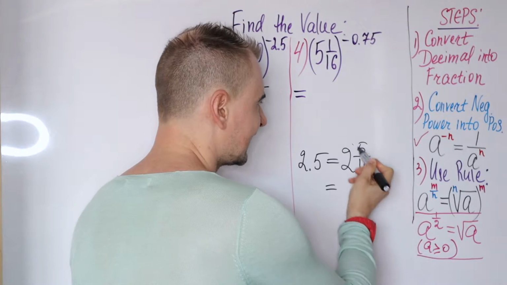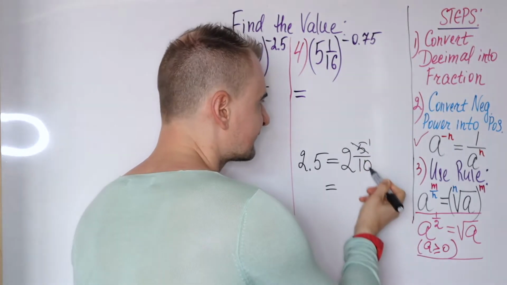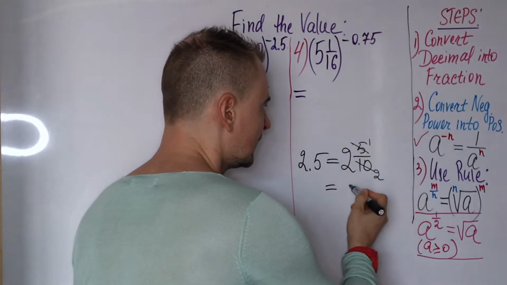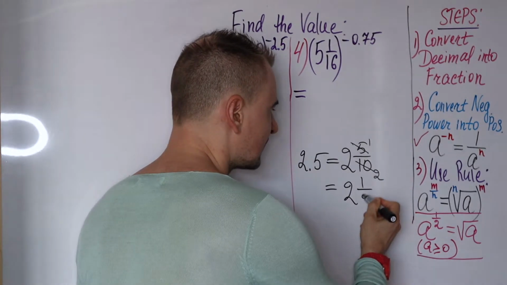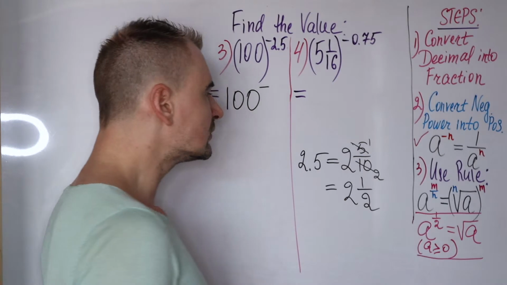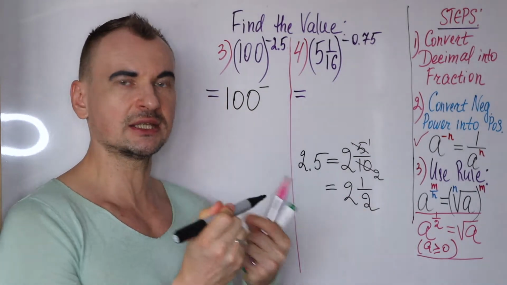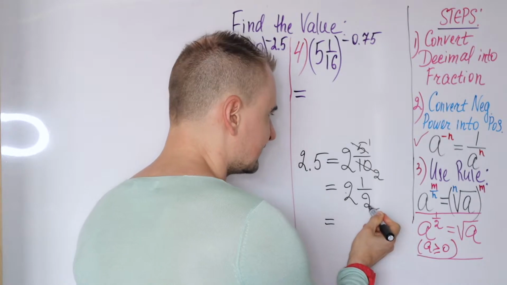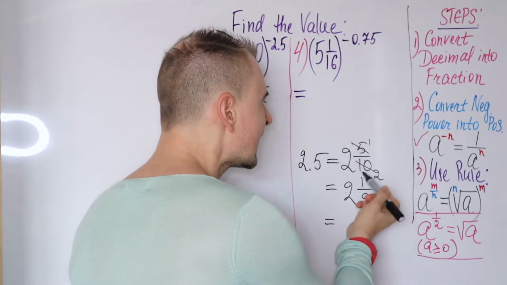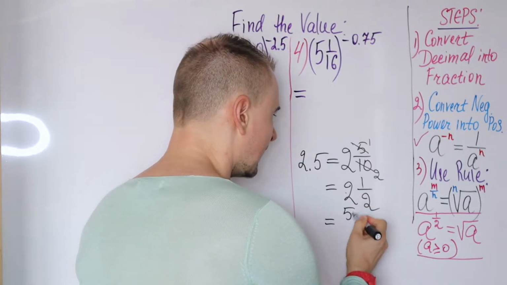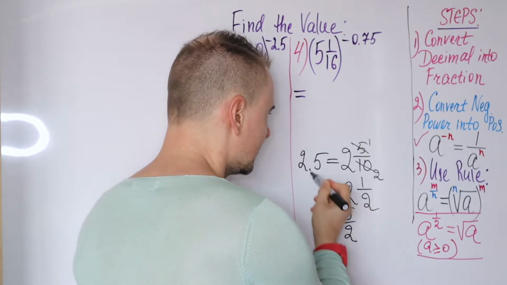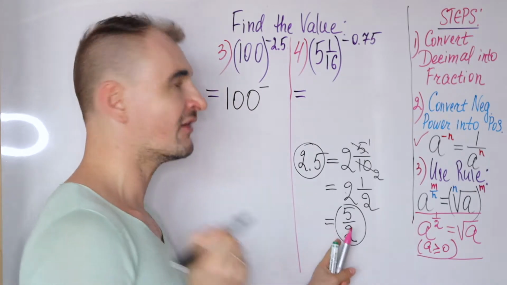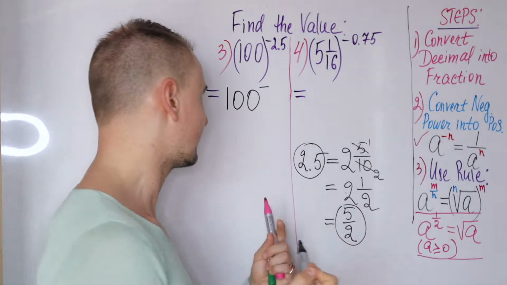And 25/10 can be reduced by 5, since 5 goes into 25 five times and 5 goes into 10 twice. So you would be left with 5/2, and you want to convert it into an improper fraction. So 2 times 2 gives you 4, plus 1 gives you 5/2. So this 2.5 is precisely 5/2 as a fraction.